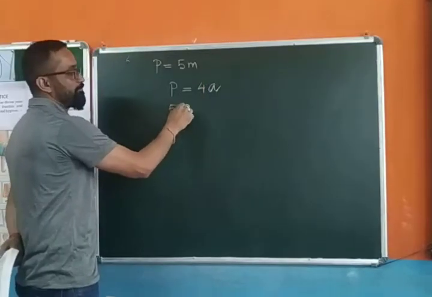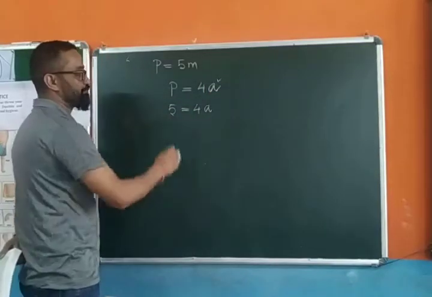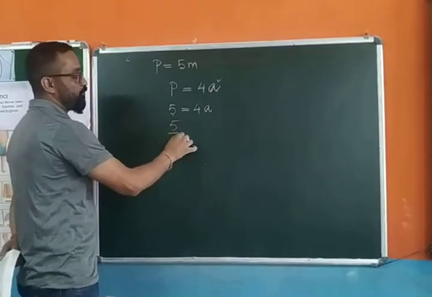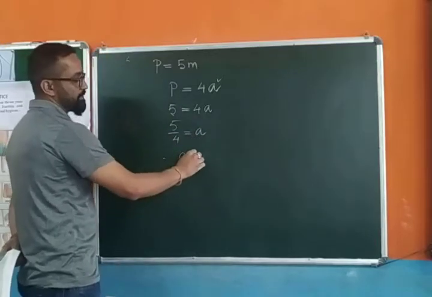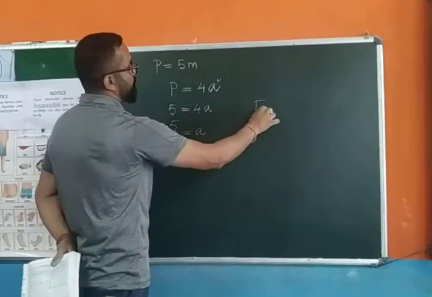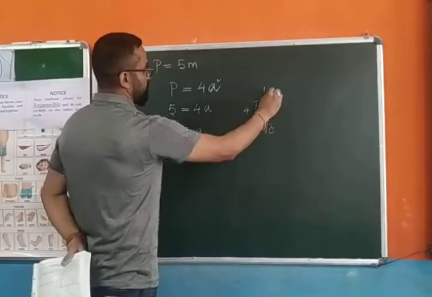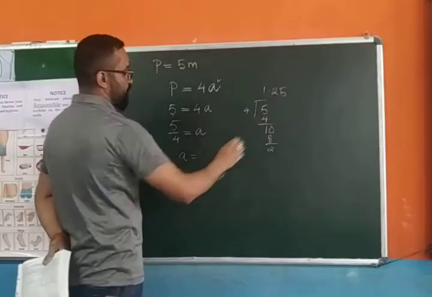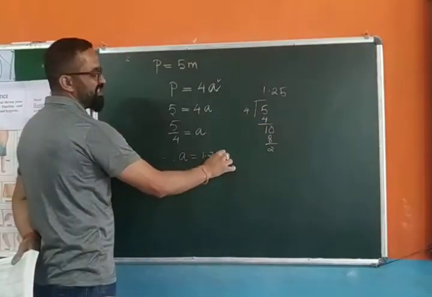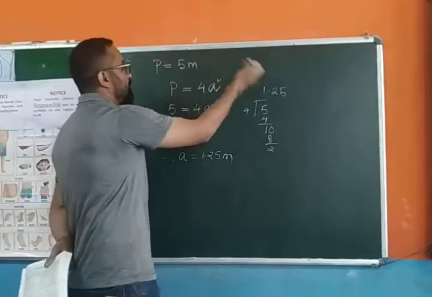Perimeter is 5, 4A, you have to calculate the side. 5 divided by 4 is equal to A. Therefore, A is equal to 5 divided by 4. It is 1.25 meter.